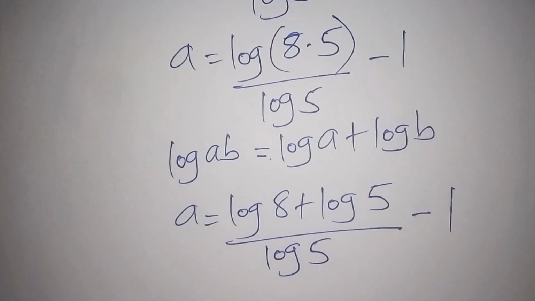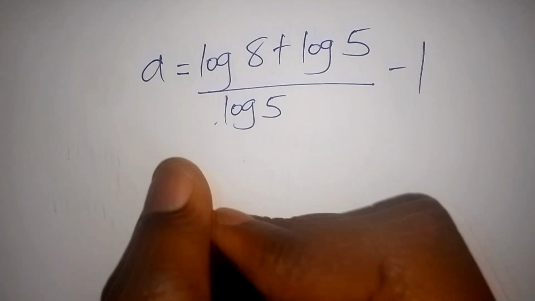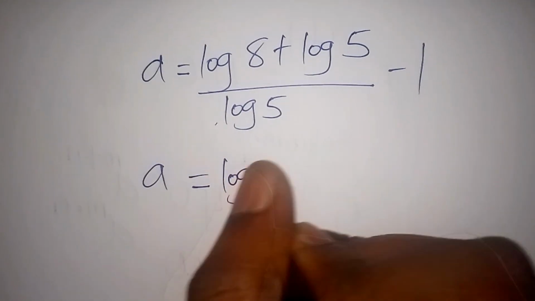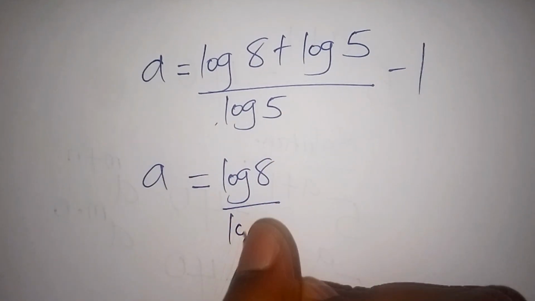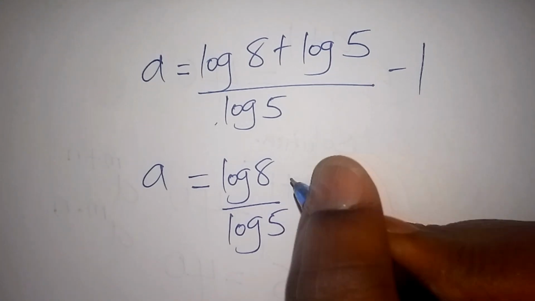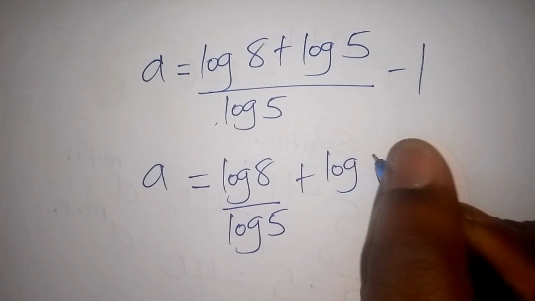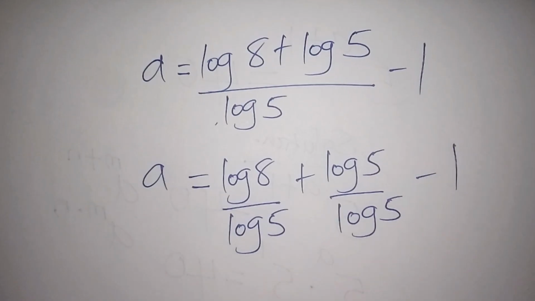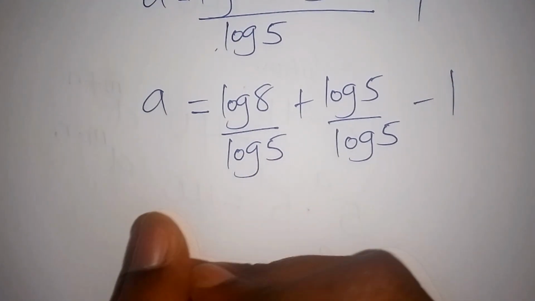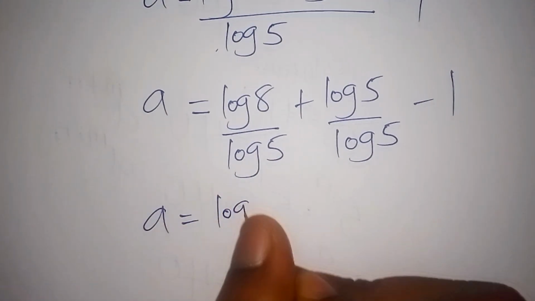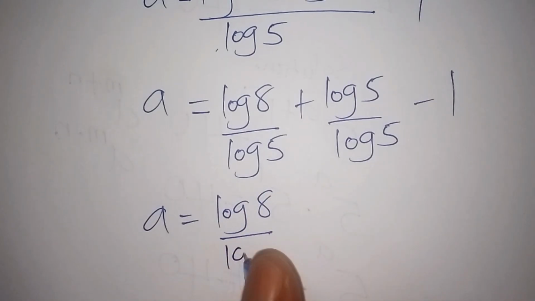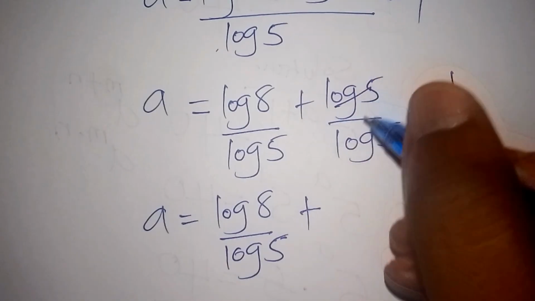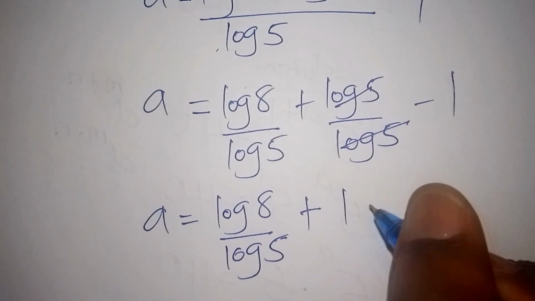Now we split this equation: our value for a is equal to log 8 all over log 5, plus log 5 all over the log of 5, then minus 1. So log 5 and log 5 cancel, so now we have 1 minus 1.